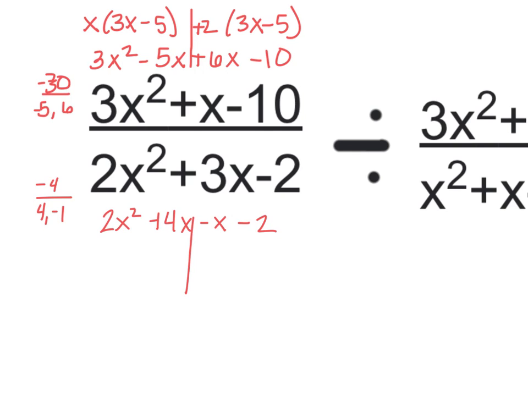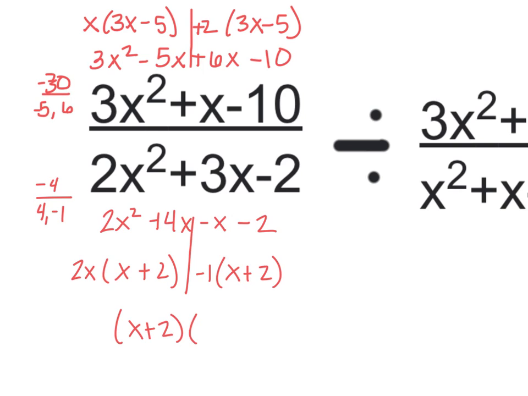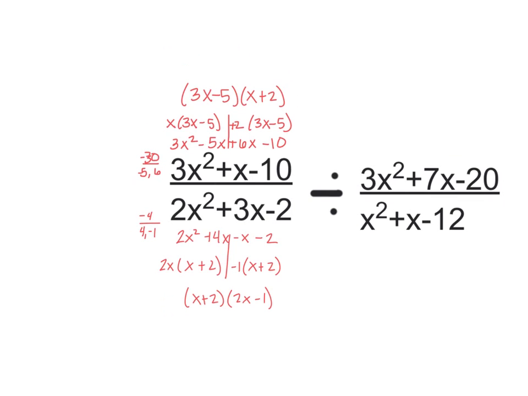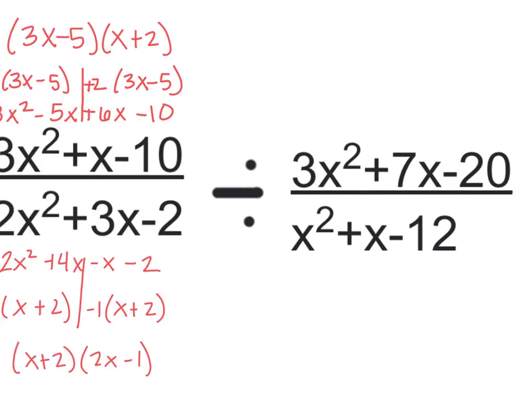Split it down the middle. Take out a GCF, which is 2x. I get x plus 2. Take out a minus 1. X plus 2. So I get x plus 2, 2x minus 1. So I'm done with my first one.